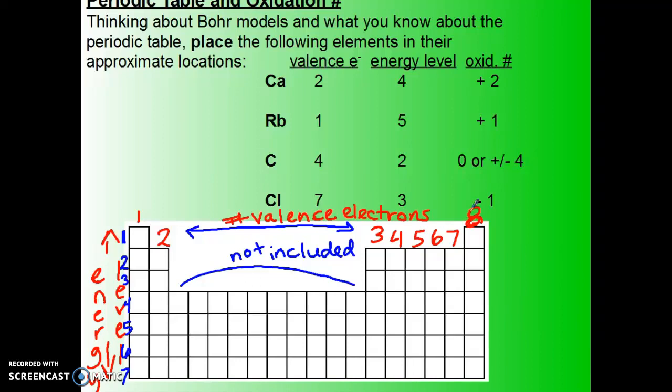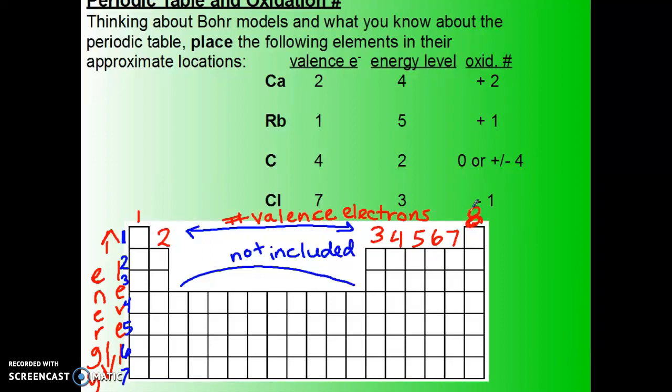So this should help us to see that the periodic table is arranged the way it is because of the electrons and their energy levels. So we know that energy levels fill up at 8 electrons. And so when you start getting to a higher number of electrons and it gets up to 8, then it's going to jump down to the next row of the periodic table, which is the same thing as the next energy level.